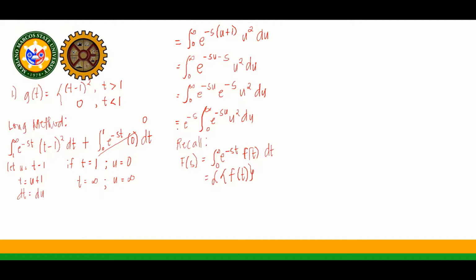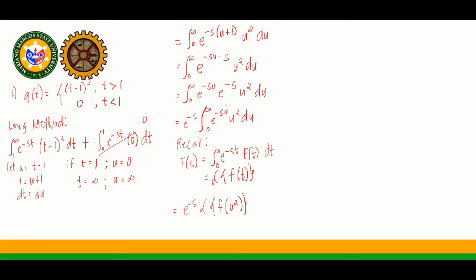So we can rewrite this one. This is equal to e raised to negative s times the Laplace of f of u squared. Ayan. So this is our working equation now.